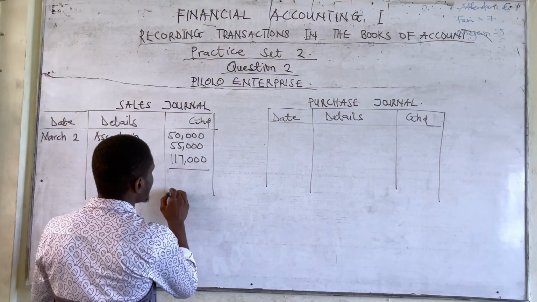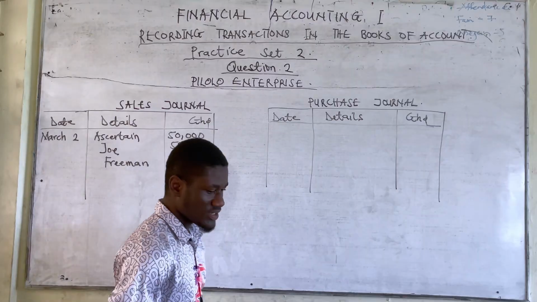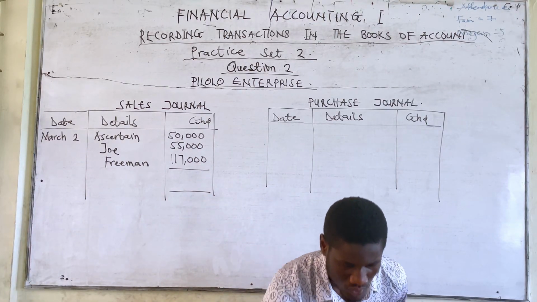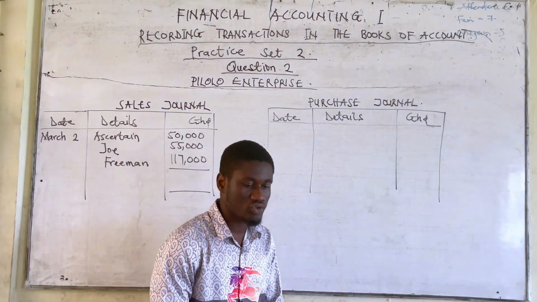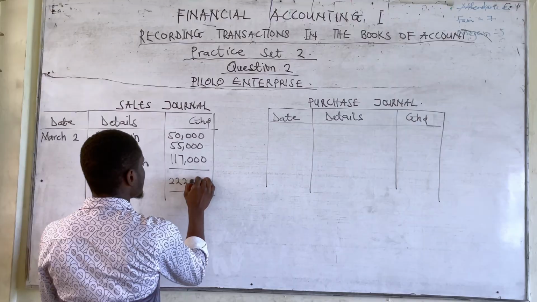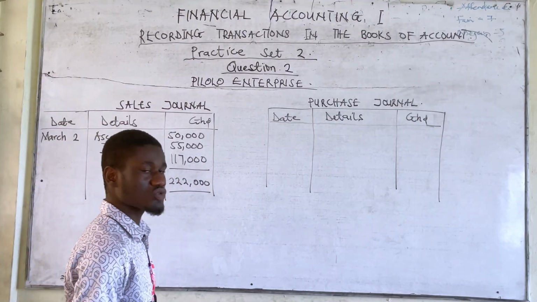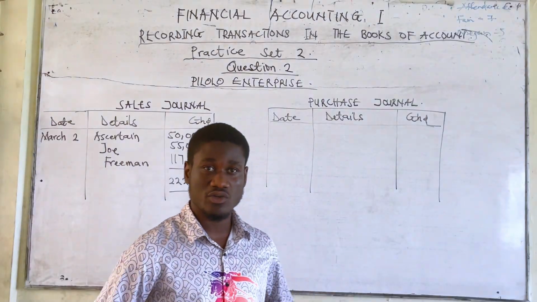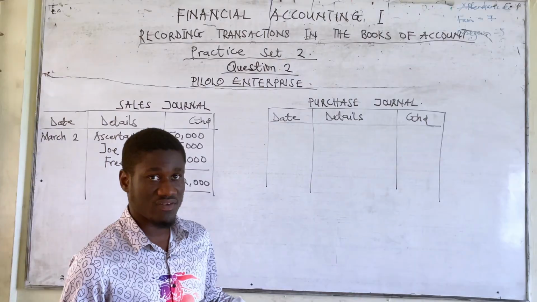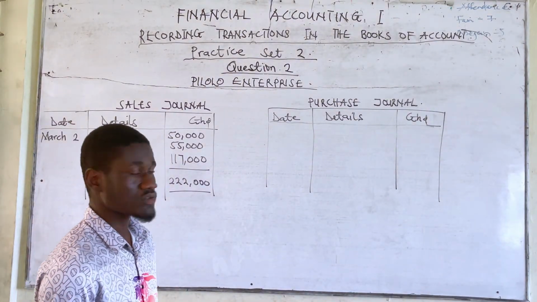So now we want to know the total credit sales. Add these three, and what are we getting? We are getting 222,000. So this amount is going to be transferred to the sales account, because the question says we should open the relevant ledgers, and we are going to open the general ledger too, which involves the sales account.